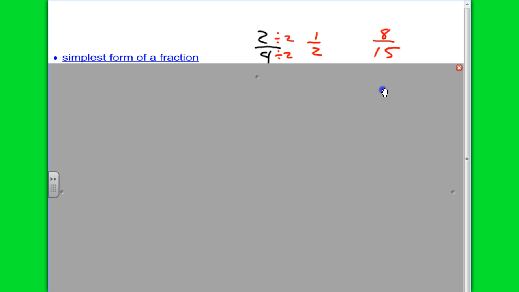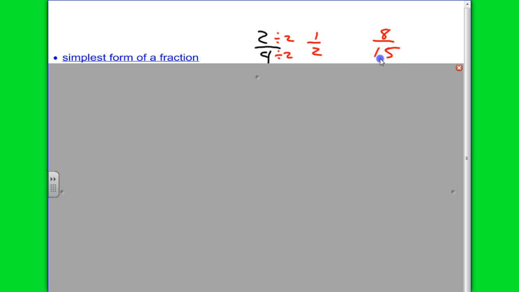So why is it in simplest form when they do have factors in them? There you go. They don't have anything in common. So the factors of 8, which are 8, 1, 4, and 2, well, actually, I shouldn't include 1, huh? 8, 4, and 2, none of those can be found in 15.